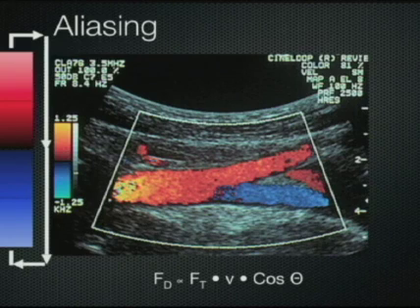In color Doppler, if the Doppler frequency shift is too great to be displayed in the color map that is selected, the color wraps around to the opposite end of the color spectrum, as illustrated in this slide. So here in this view of the aorta, near the left of the image, we see a few small blue pixels, which are actually aliased, containing higher Doppler frequency shifts than the surrounding pixels.